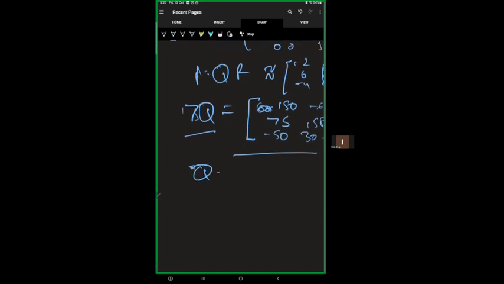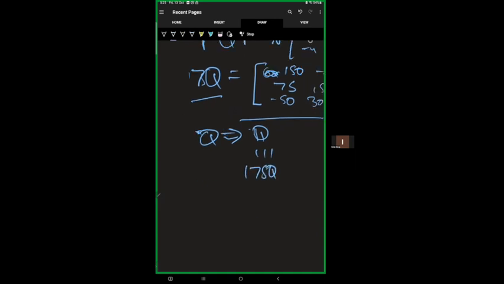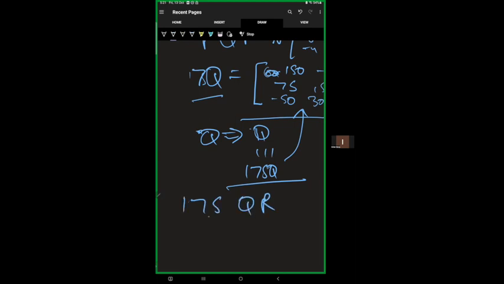Effectively, I tweaked the code so that instead of outputting Q itself, it will output 175Q. And in that case, I obtained the following matrix. And when I verify that 175QR, I get it is equivalent to 175A itself. So that is a very consistent result.